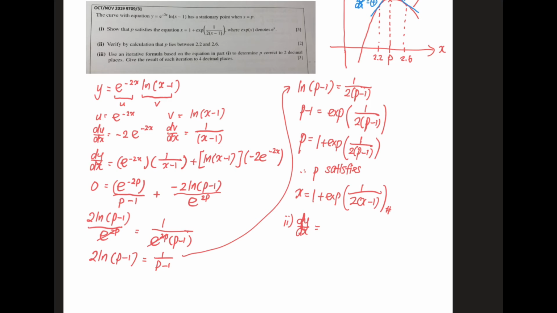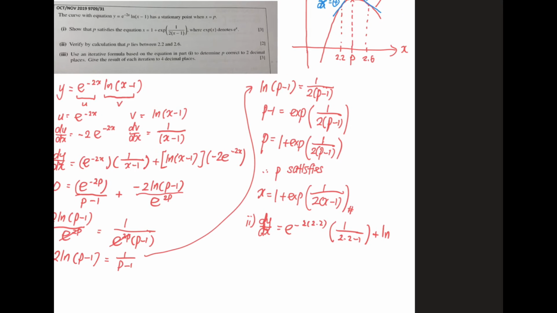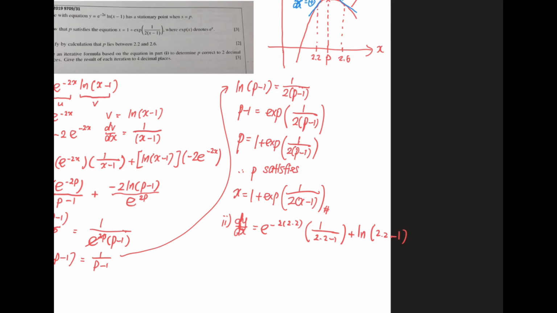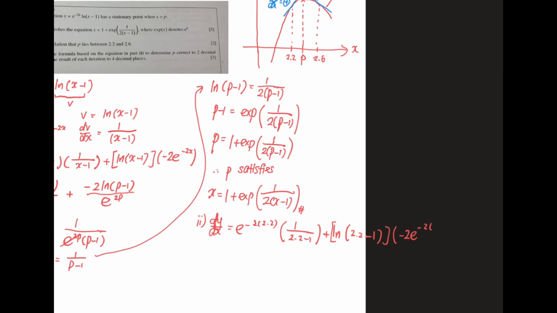Let's say I start with 2.2 first. So dy/dx, put 2.2 inside: 1 over 2.2 minus 1, plus ln(2.2 minus 1), followed by minus 2e^(-2 times 2.2).